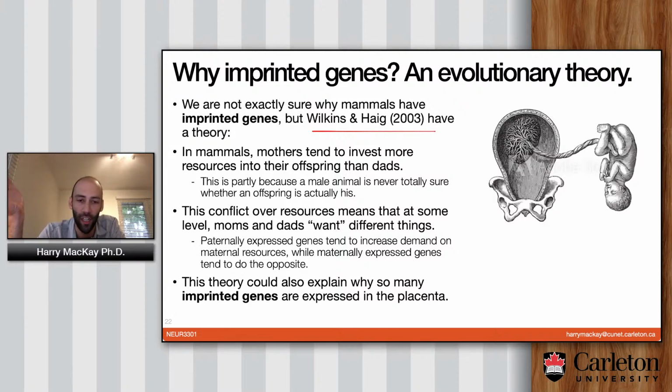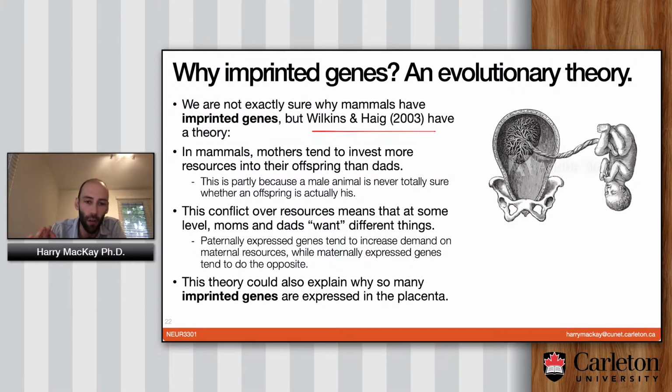A male animal can really just mate and then disappear forever. This is fairly common in nature. Whereas moms have to contribute all of the nutrients and all of the resources and all of the caretaking. If a mom wants her genes to be passed on, she has to do a ton of work. Dad really doesn't have to do a whole lot. It depends on the species and it depends on the dad. But broadly speaking, this is a sort of fact of biology.